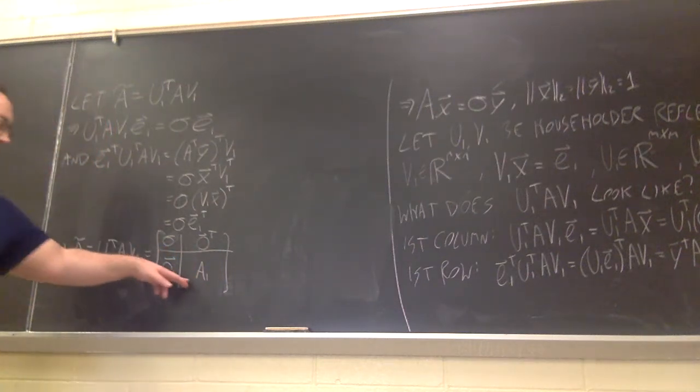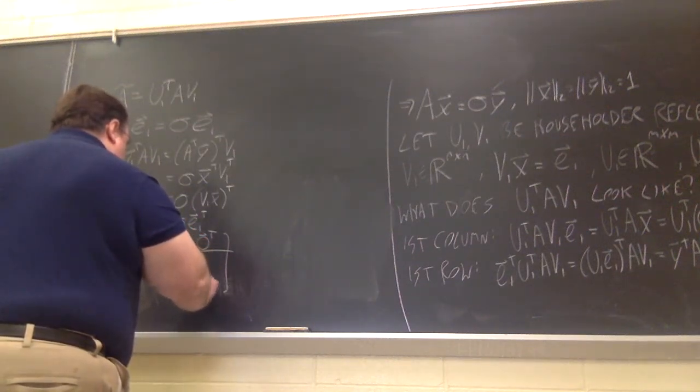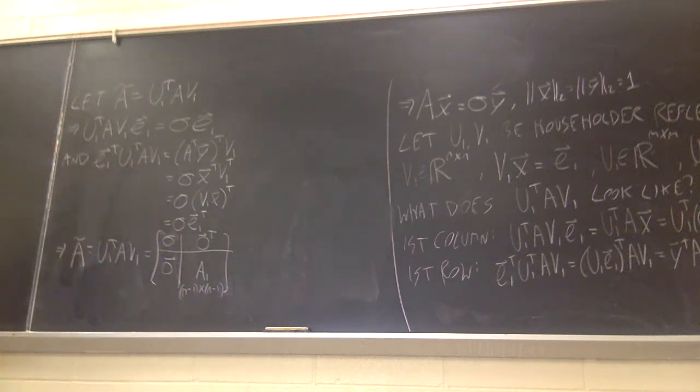So A1 is m minus 1 by n minus 1. After you take this matrix, which is m by n, you just remove the first row and first column, and A1 is left over.